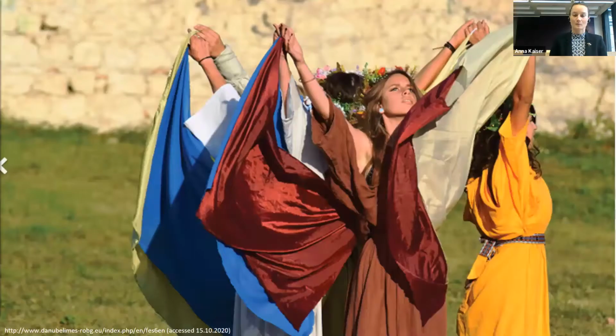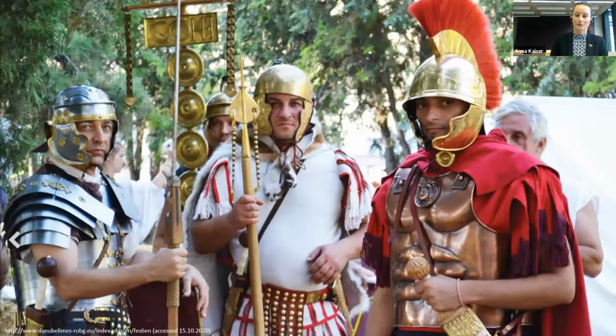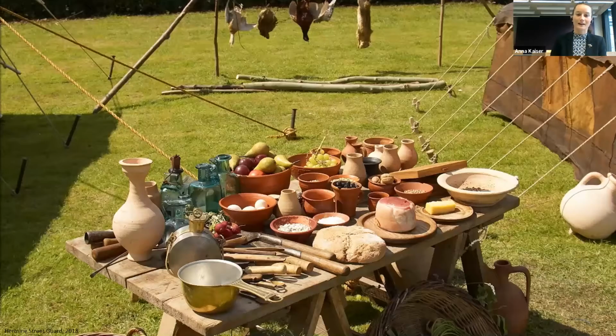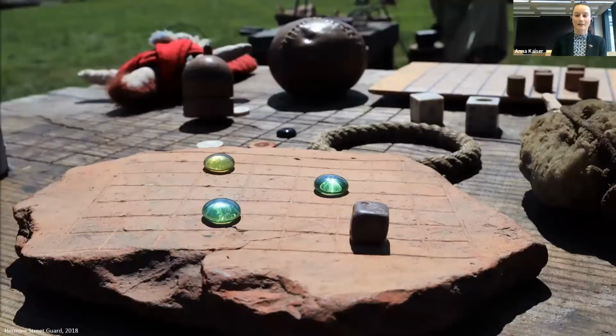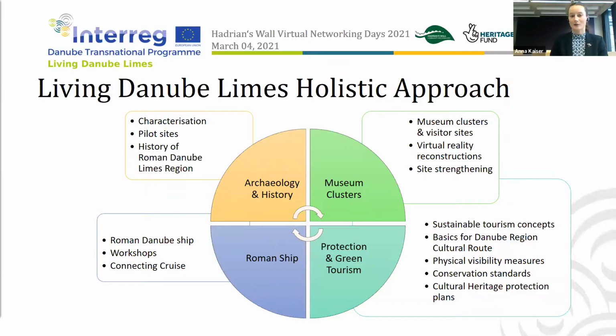And we are going to combine the cruise with festivals, Roman festivals in all partner countries, to draw even more attention to the Roman history that we all share. And well, this is the holistic approach we've chosen in our project.